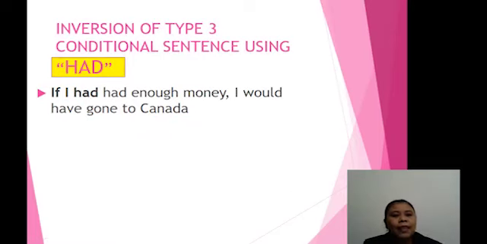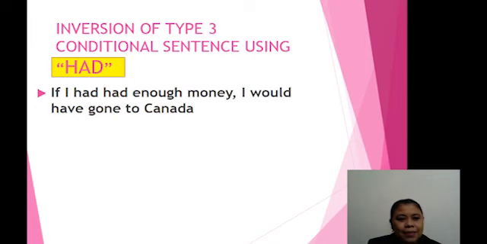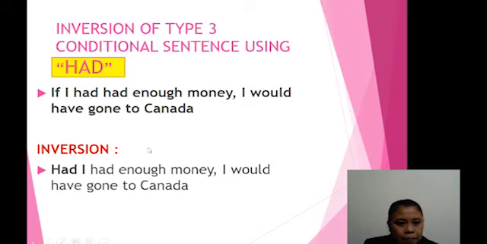Next, let's go to the inversion of type 3 conditional sentences using had. The example sentence, "If I had enough money, I would have gone to Canada." Okay, what do you think about the inversion? Yes. The inversion becomes, "Had I had enough money, I would have gone to Canada."